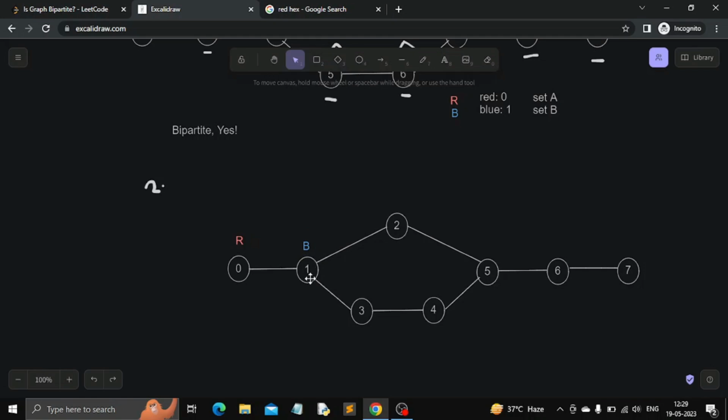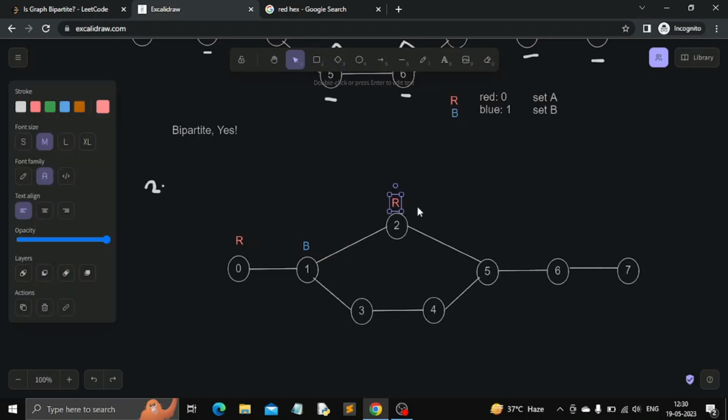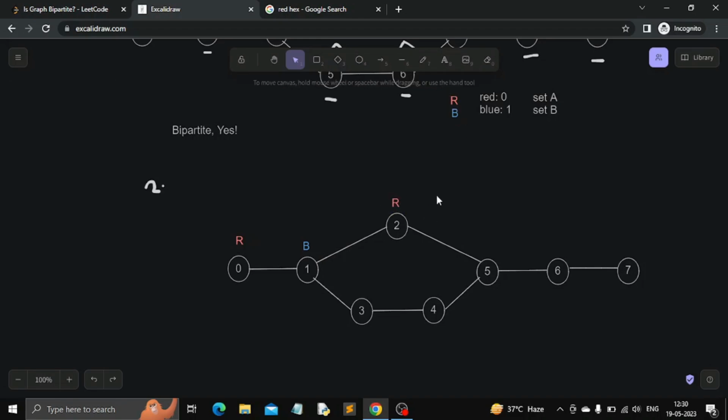Then the adjacents of node 1 are node 0, 2 and node 3. As we have already colored node 0, we are not going to revisit it. We will move to node 2, and node 2 should be colored with a different color. It should not be colored blue. The same way node 3 should also be colored as red.